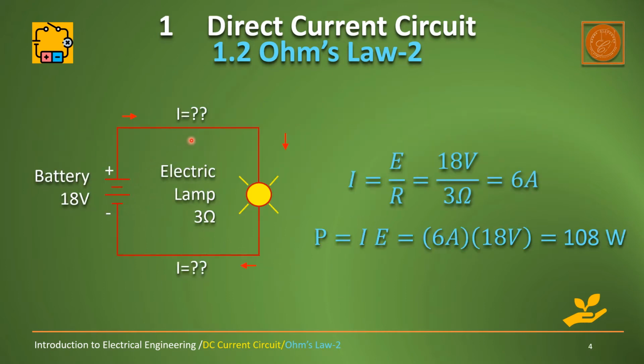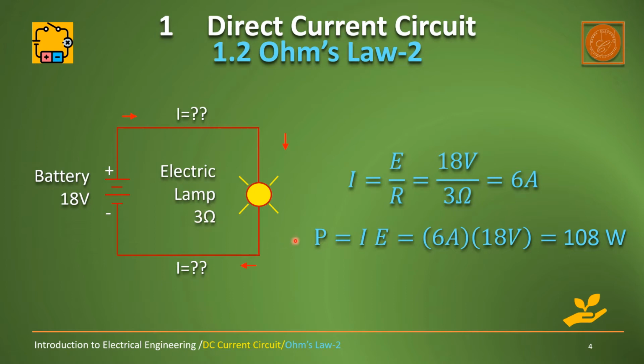In the circuit, we know we have a battery voltage of 18 volts, and a lamp resistance of 3 ohms here.